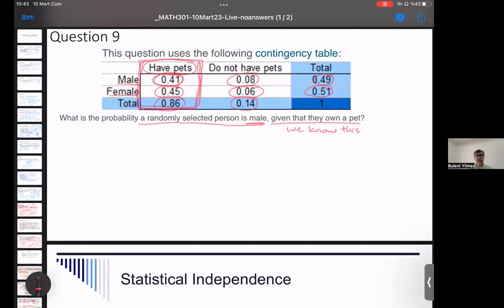They have pets, I know that. What's the probability of a randomly selected person being male? That's the question. And I see good, correct answers. Harun Rashid, please think about it once more.